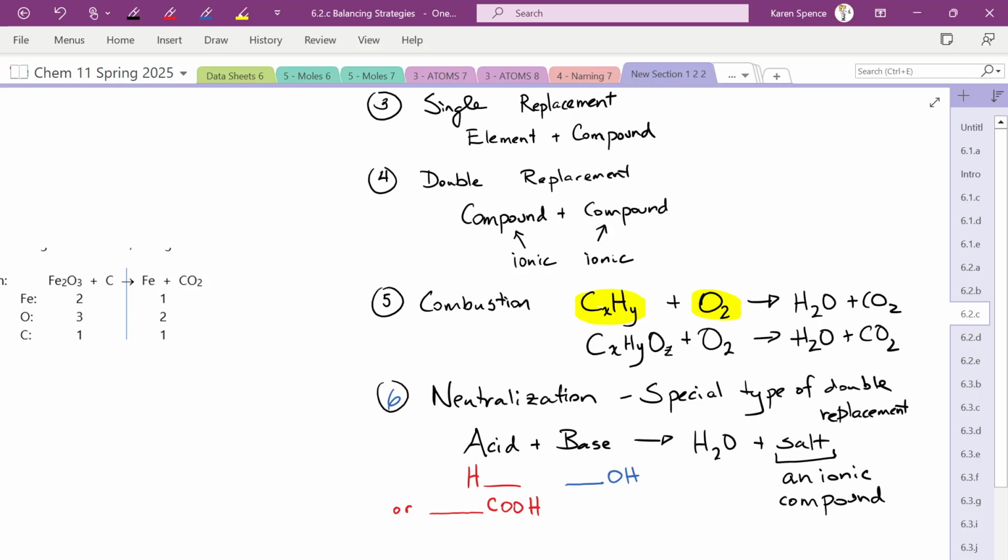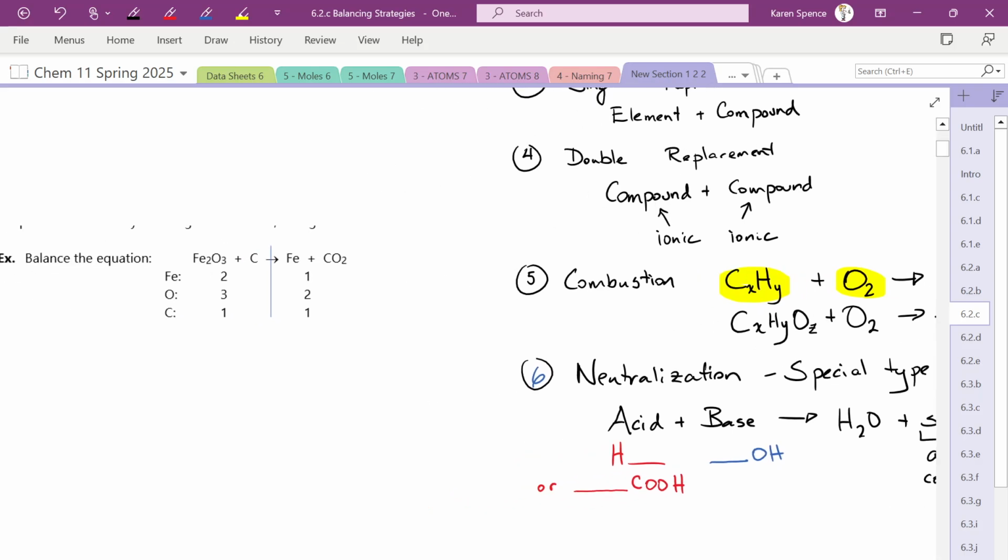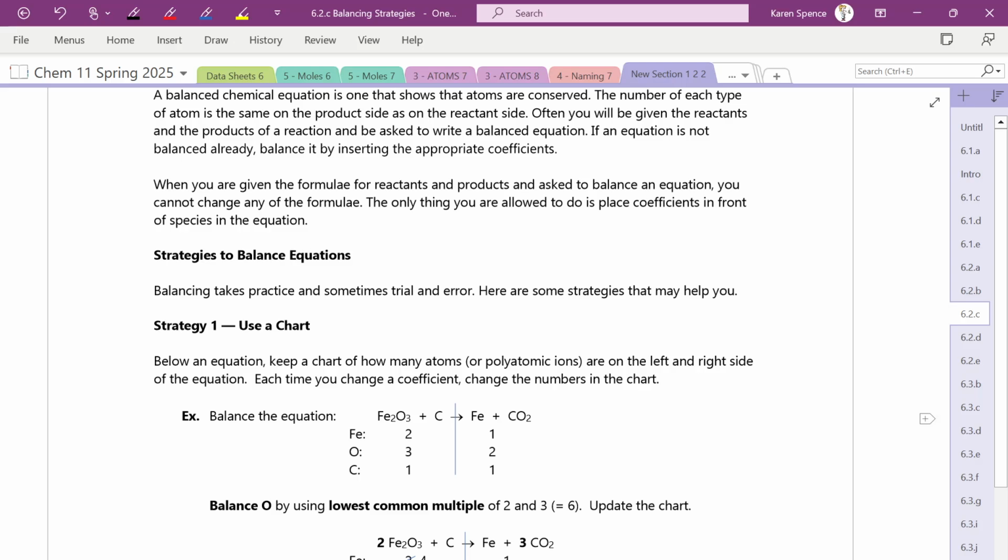I had accidentally assigned 6.2b, which didn't actually have anything. So my sincerest apologies to you all. I did you wrong. It was not your fault at all. It was totally mine. So I own that. My bad. I'm very, very sorry.